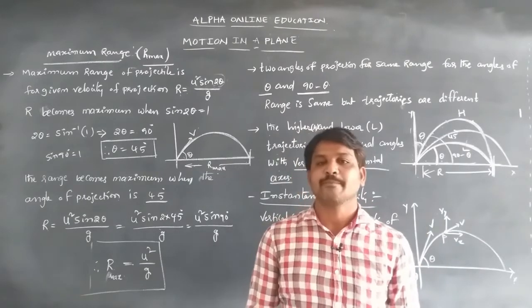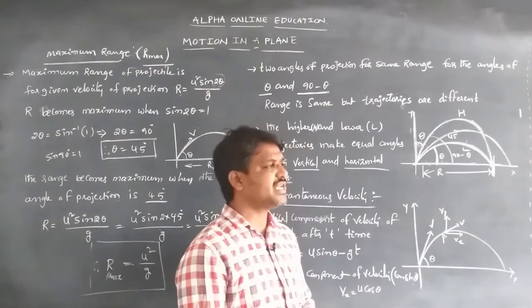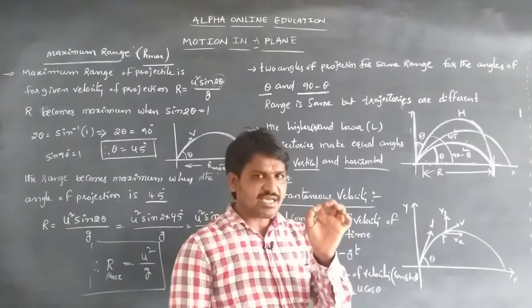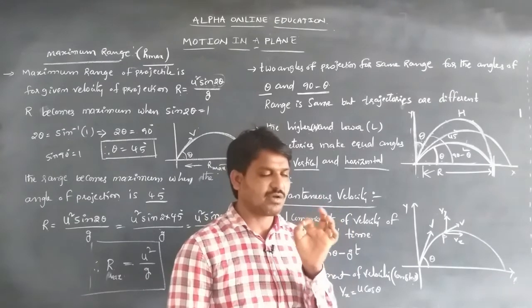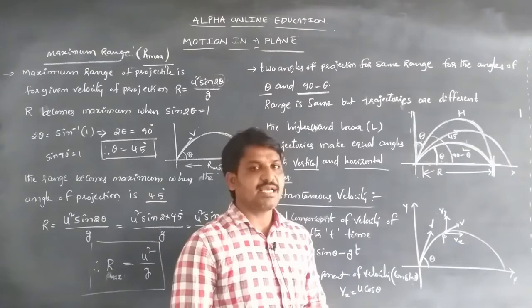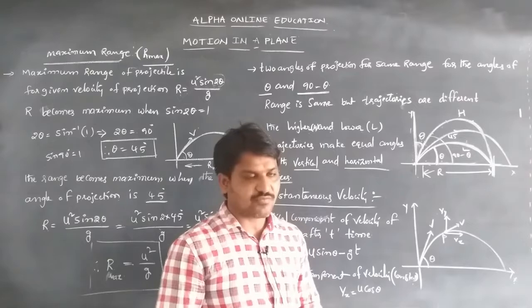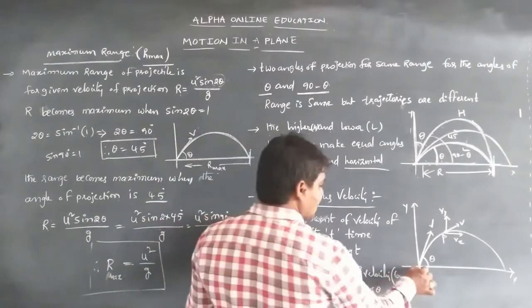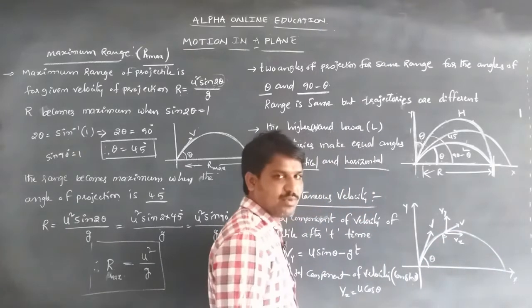Instantaneous velocity means, when the body is in motion, the velocity of a particle or of an object at a particular instant of time is called instantaneous velocity.